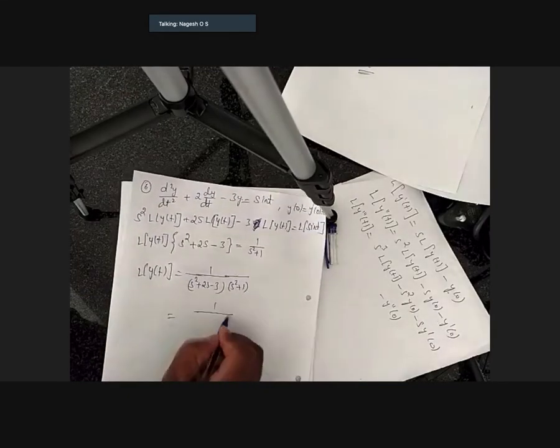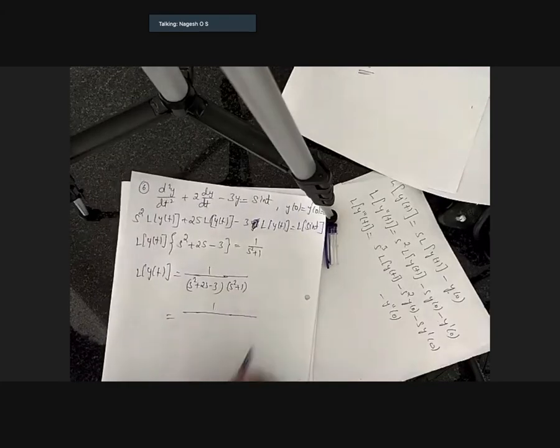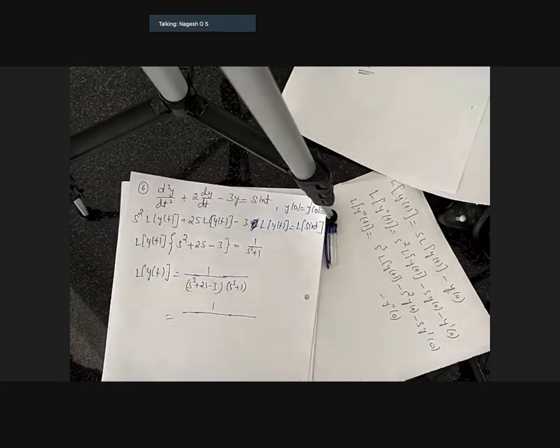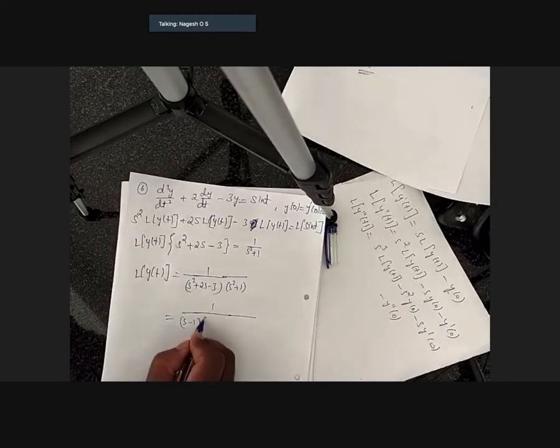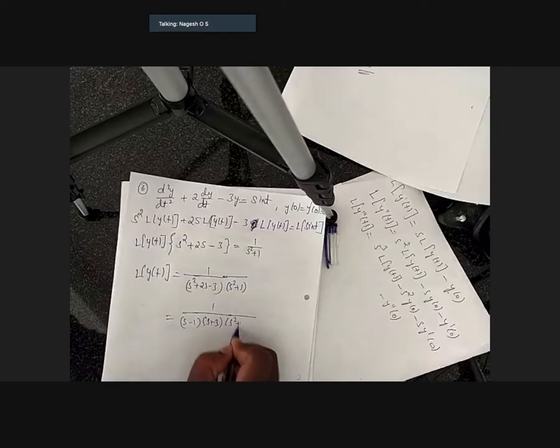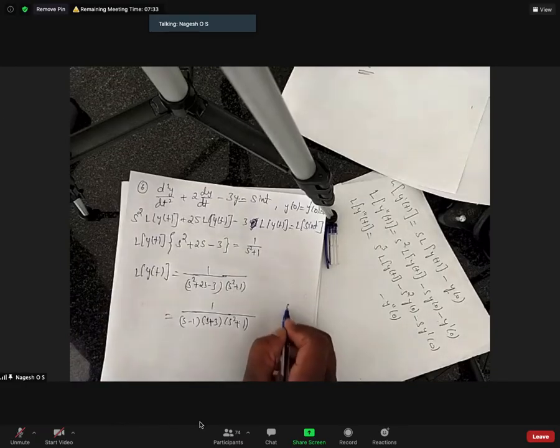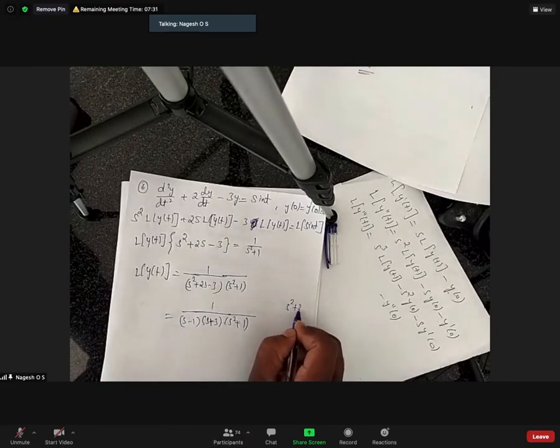Okay, factorize this. If you factorize this, what will you get? You will get s minus 1, s plus 3, into s square plus 1. Those who didn't understand this, I will write here s square plus 2s minus 3.